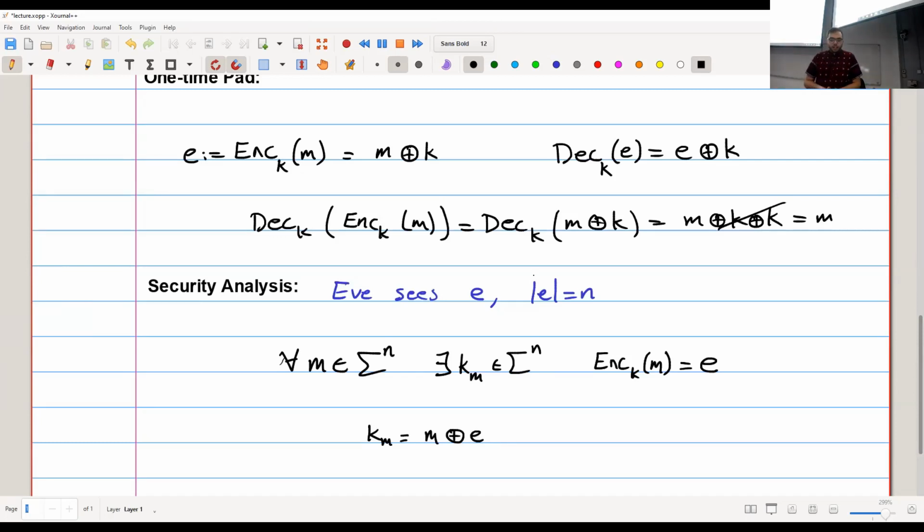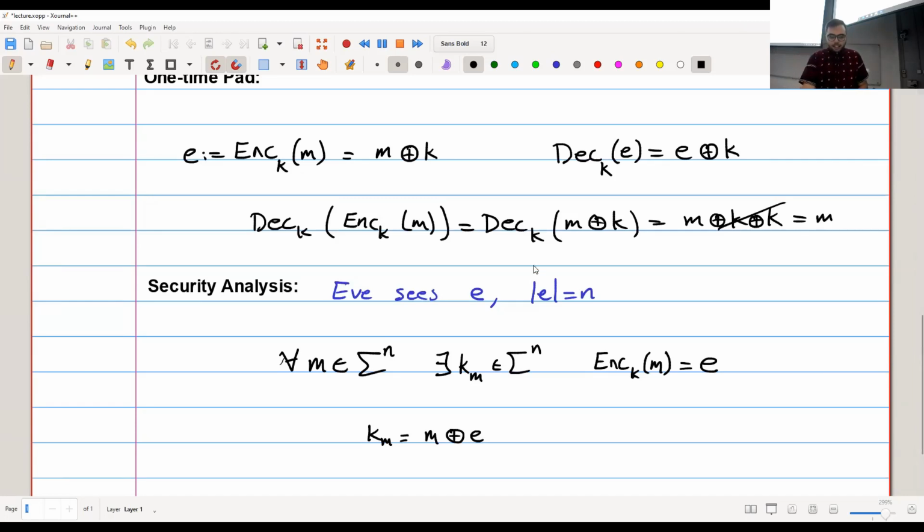I'm Eve. I just know that the encrypted message was E. So I just want to guess what the original message M was, and I want to narrow down. If I can even rule out one possible message, that's some information that I have found about the original message, and that's not allowed. I should not be able to rule out anything.